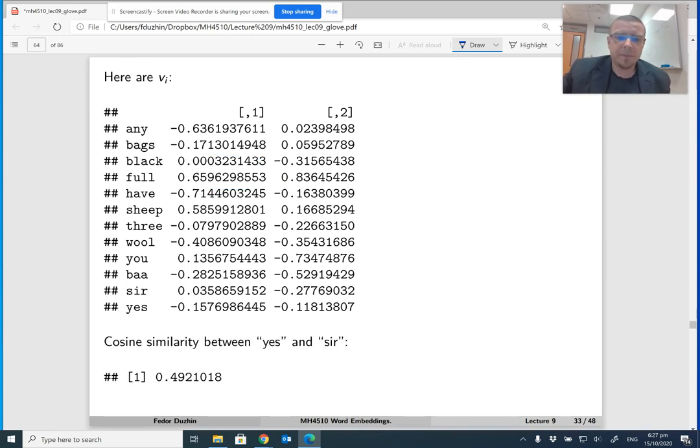But then we can compute the cosine similarity between any two words. In a real setup, if I trained my GloVe on a large corpus, then words that have similar meanings would have high cosine similarity, and words that have really different, unrelated meanings would have cosine similarity close to 0.